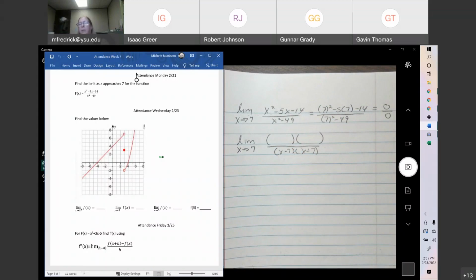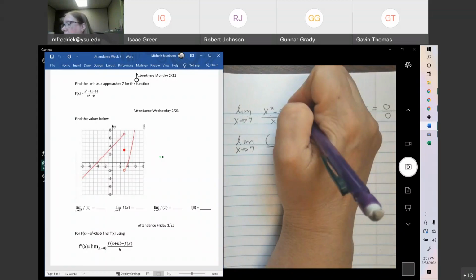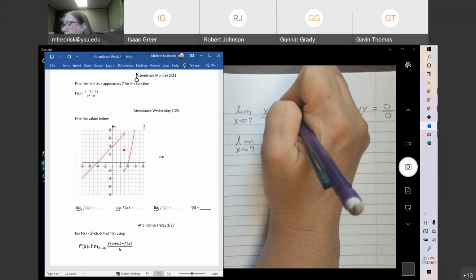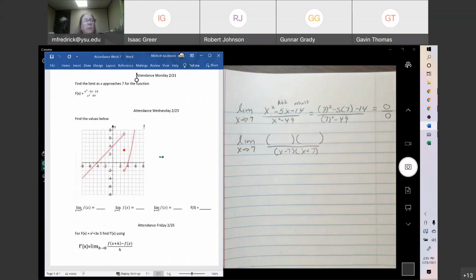The top, we need 2 numbers that when we multiply, we get a negative 14, and when we add, we get negative 5.